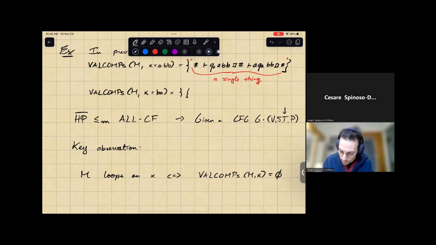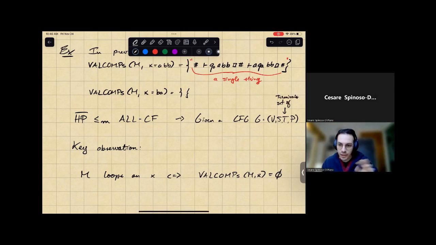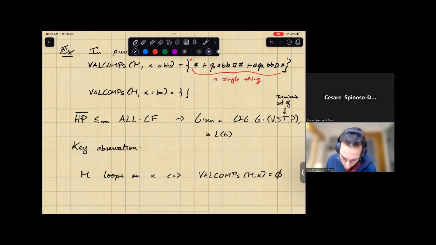So this is the set of terminals. To make things more explicit, I'm using T instead of sigma, just to avoid a bit of confusion here. And so it's given a context-free grammar G, is L of G generating all possible strings of terminals, right?